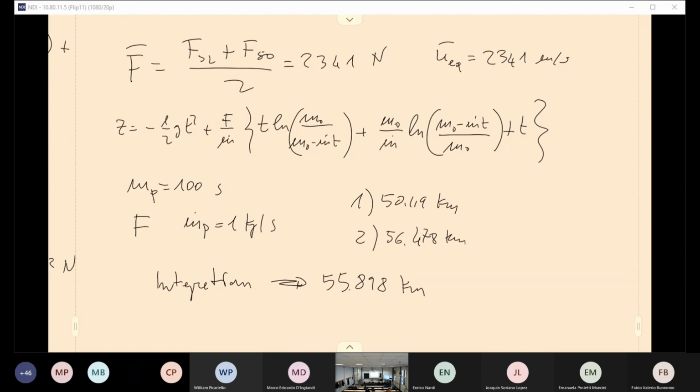It's just the integration of a second order differential equation with known initial conditions.